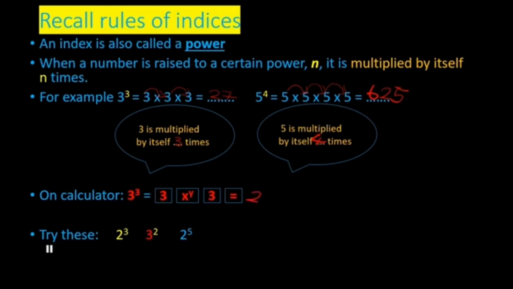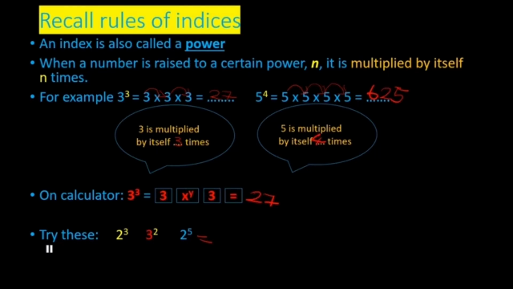Now you can try these ones. 2 to the power 3, which means 2 times 2 times 2, or 3 to the power 2, which means 3 times 3, or 2 to the power 5, meaning that 2 is going to be multiplied by itself 5 times. I'm just going to do this one. You can pause the video here and solve these ones so that you can see if you've been following along nicely.